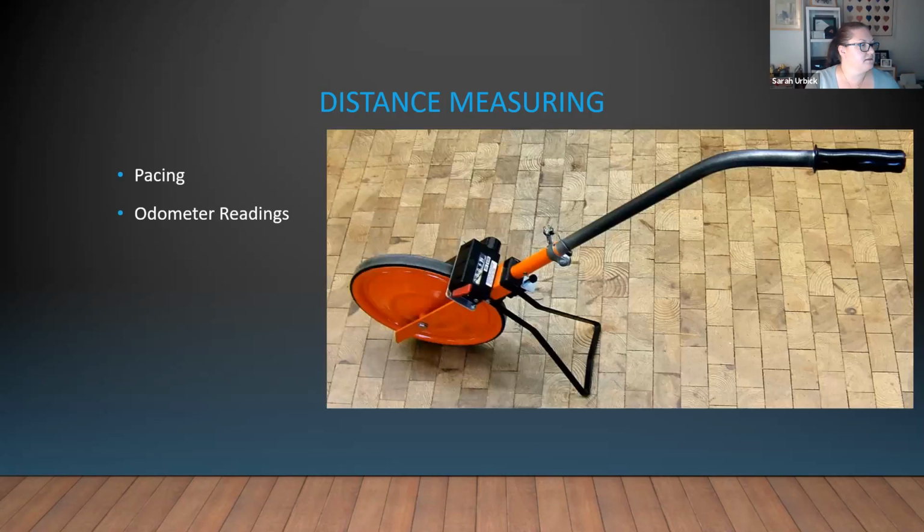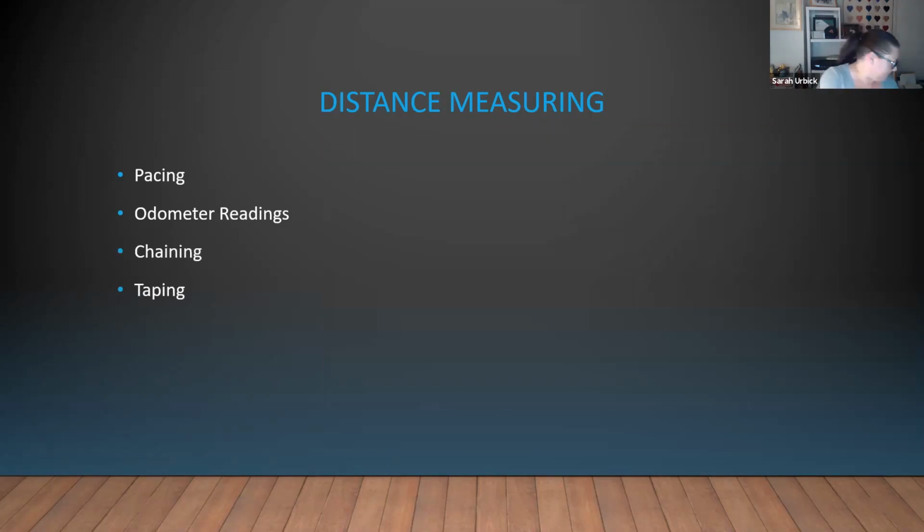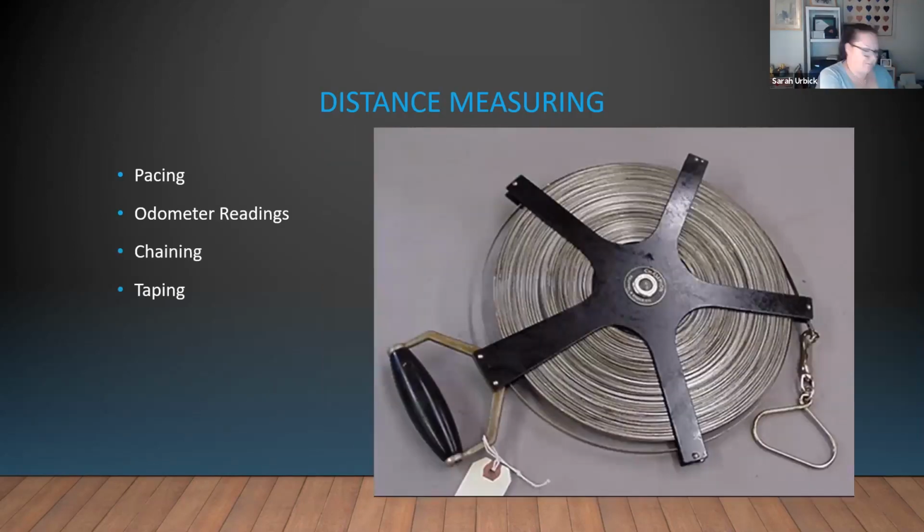So next up, taping. Steel tapes. They're heavy. You don't want to carry this around in 110-degree heat all day. They're unwieldy, cumbersome. I can't even find the end of this one.